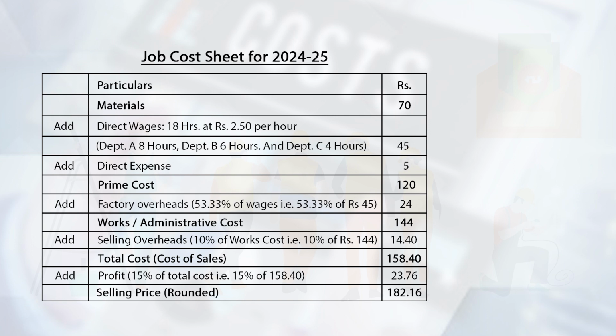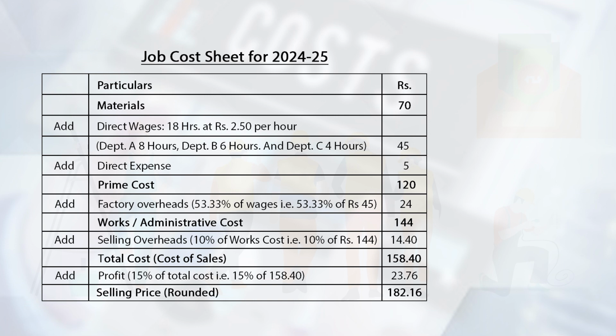In works cost, add selling overhead at the rate 10% of work cost that we have calculated, which is 10% of rupees 144, and amount is 14.40, making total gives us total cost or cost of sales as rupees 158.40.